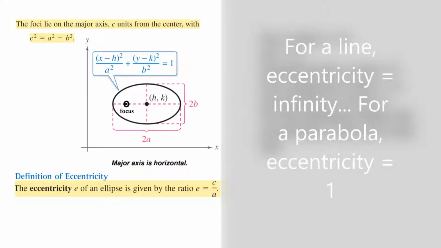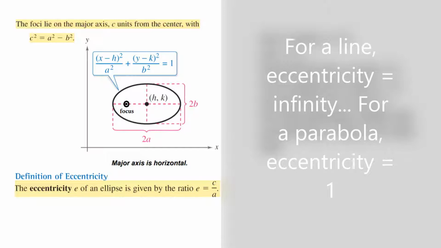Right, so mathematically, the eccentricity E of an ellipse is given by the ratio E is equal to C divided by A. In the diagram on this slide, 2A is longer than 2B.